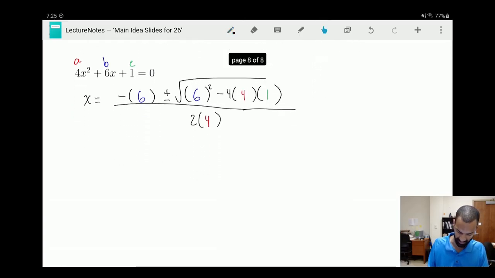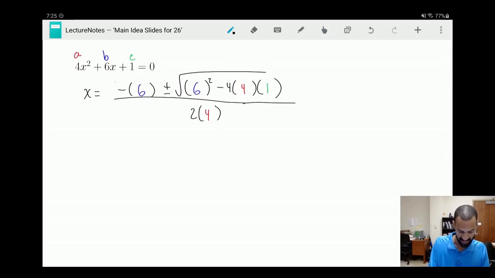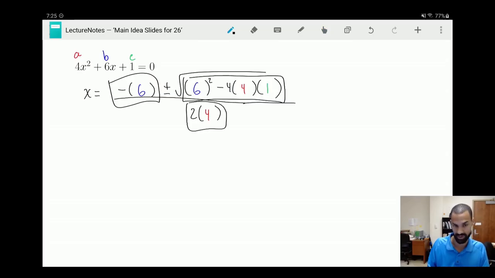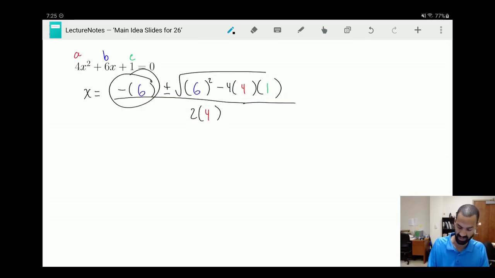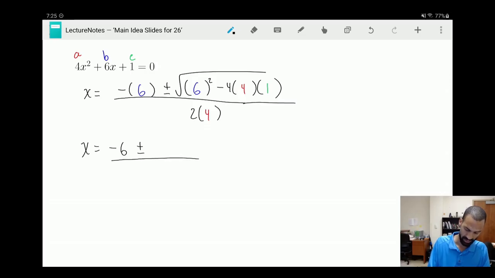Now I don't have to look at that formula anymore. I see three things that need to be simplified. So I'm going to do them one at a time. This one's the easiest one. Negative 6. Literally, it's exactly what it sounds like. Negative 6. 2 times 4 is 8, so I'll put 8 on the bottom here.